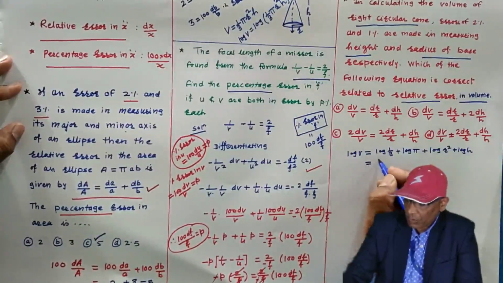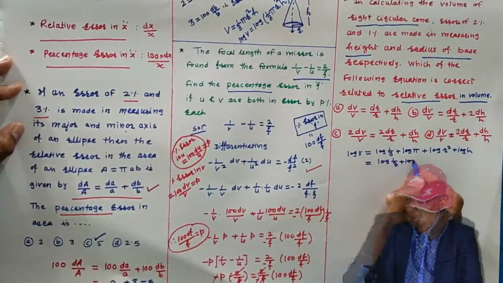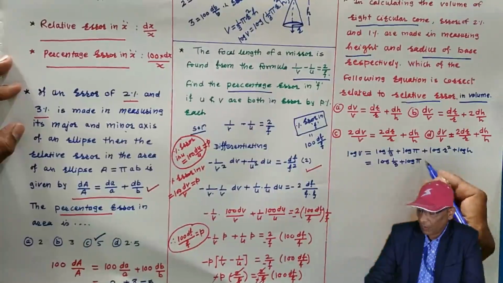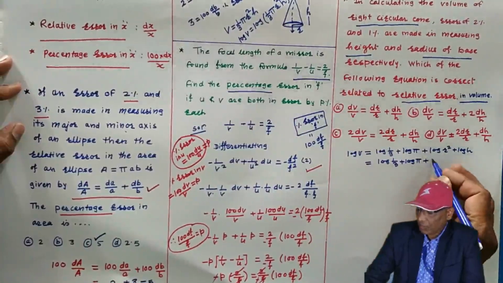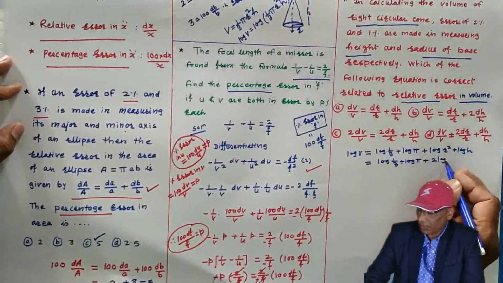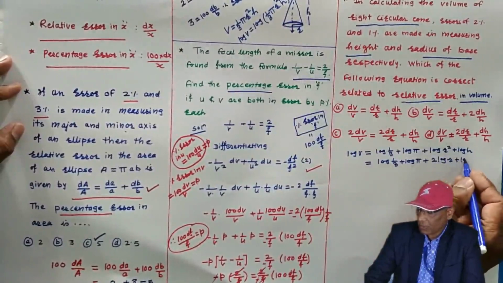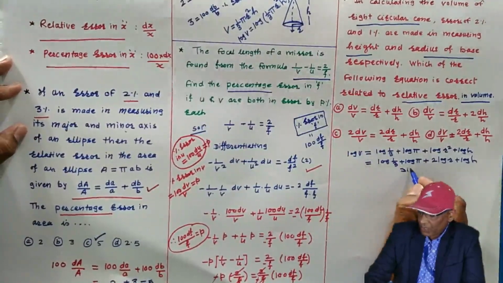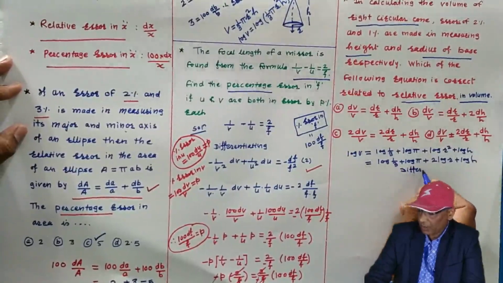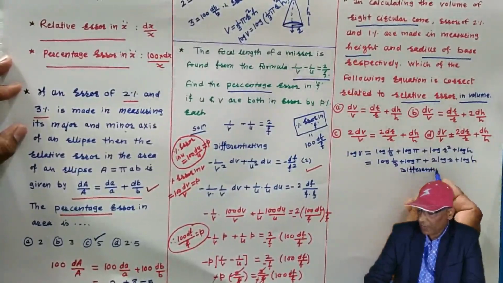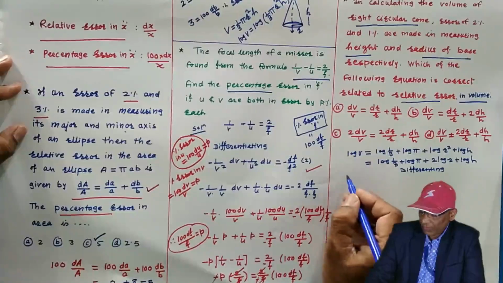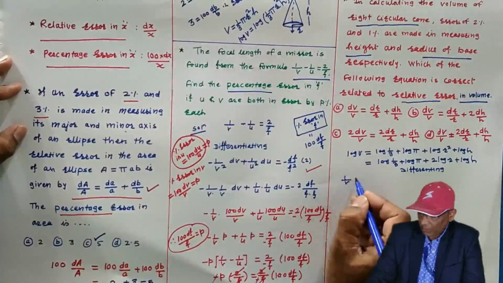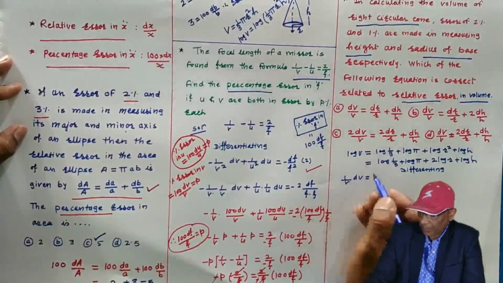Log of pi by 3 you can write. This log of r square is 2 log r, plus log h. Now differentiating this one. If you differentiate log v, you get 1 by v dv.